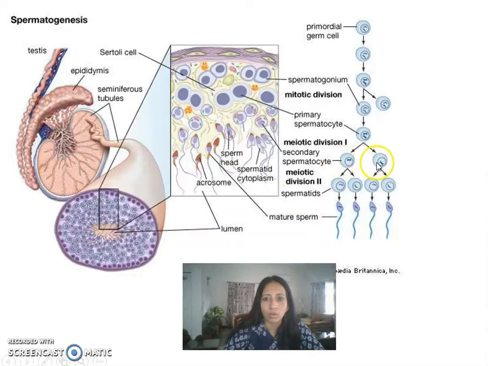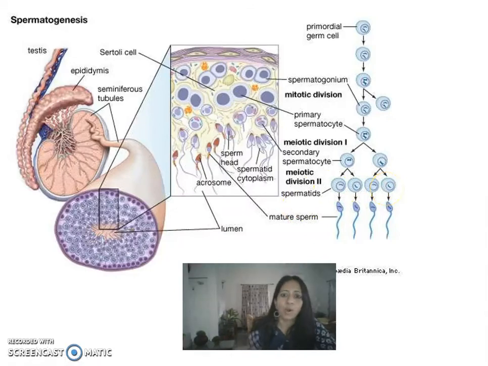So from one primary spermatocyte you get four haploid spermatids, as you can see here, 1, 2, 3, 4. This primary spermatocyte was diploid, and after meiosis 1 and meiosis 2, it has resulted in the formation of spermatids.